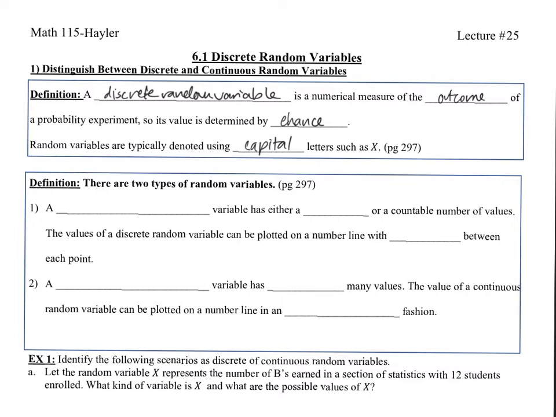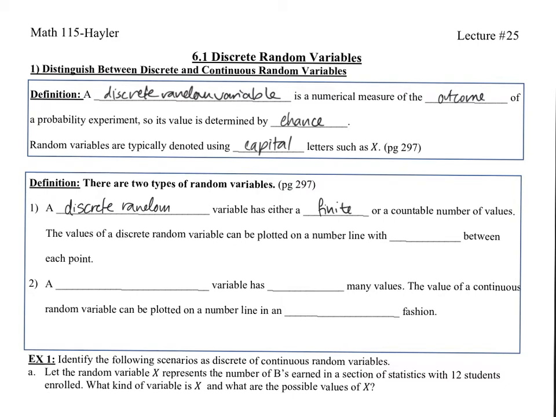Alright, some more definitions. There are two types of random variables. So there's a discrete random variable, which either has a finite or a countable number of values.